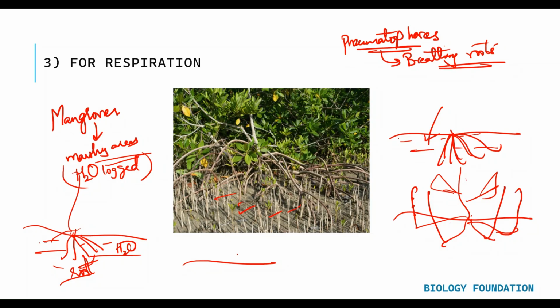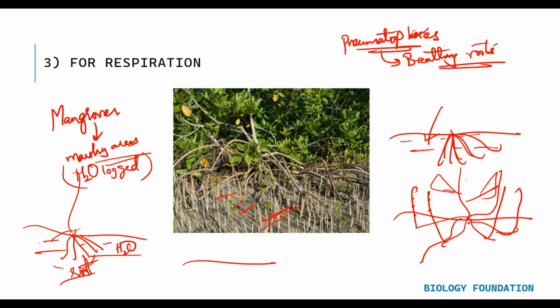But in mangroves, though they grow in waterlogged condition, what actually happens? Roots start growing upwards. That is negatively geotropic. Usually geotropic means the roots start growing under the soil. But in these mangroves, they start growing upwards, so they're said to be negatively geotropic. And these have small pores that are called pneumatophores.